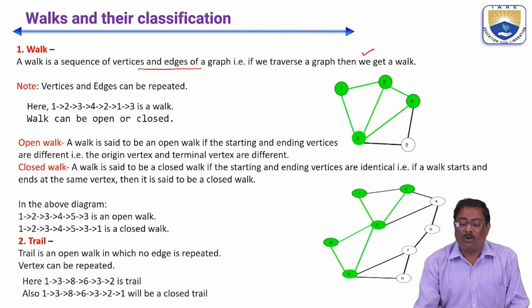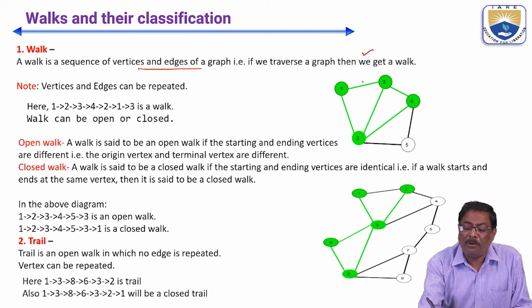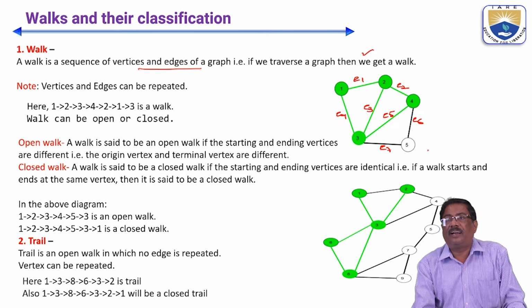Let us take this graph, with edges E1, E2, E3, E4, E5, E6, E7. There are 7 edges and 5 vertices in the graph.